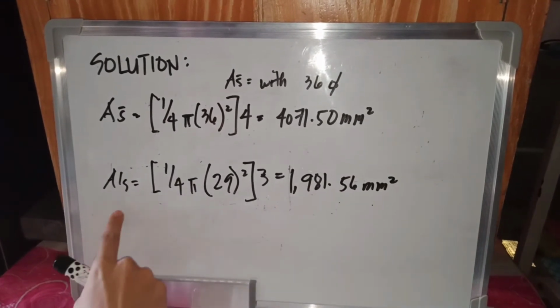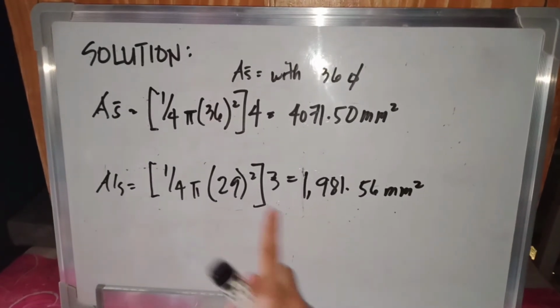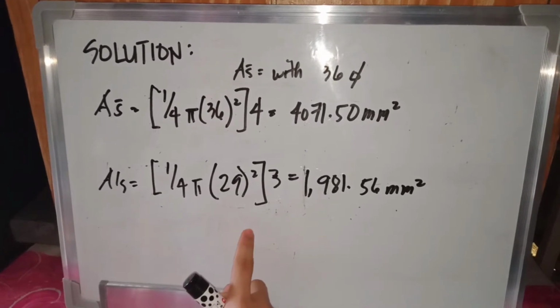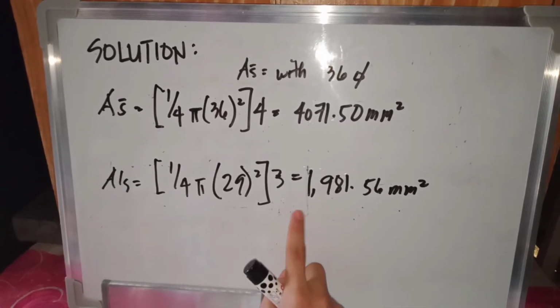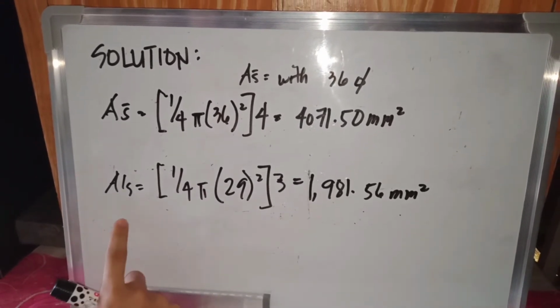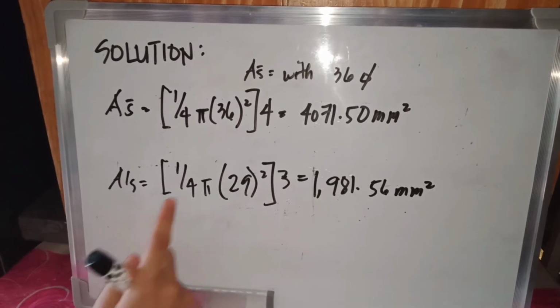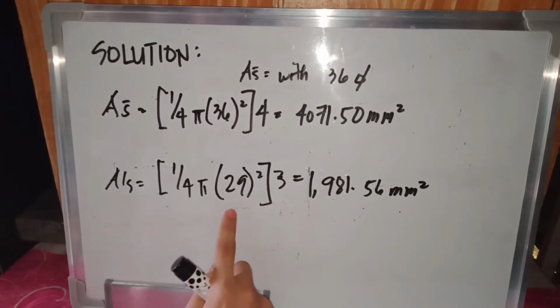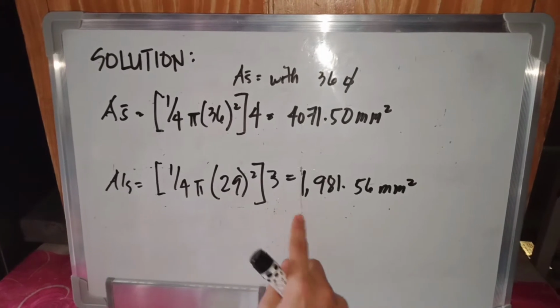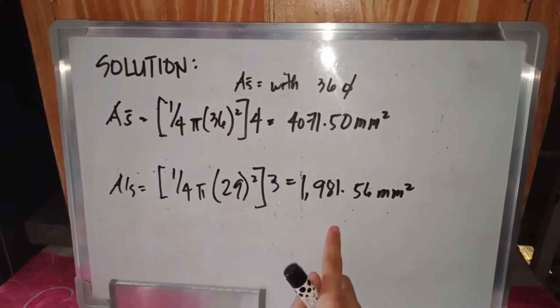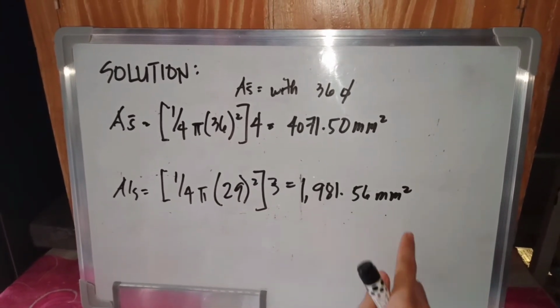The second one is the 29 diameter bars, which has 3 bars. So A prime S is 1/4 pi times 29 squared times 3, which is equal to 1981.56 mm squared.